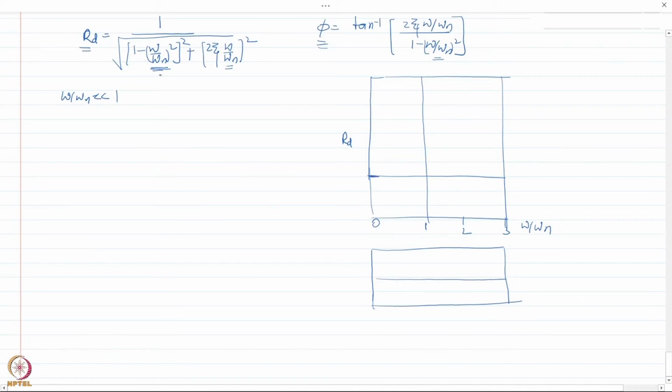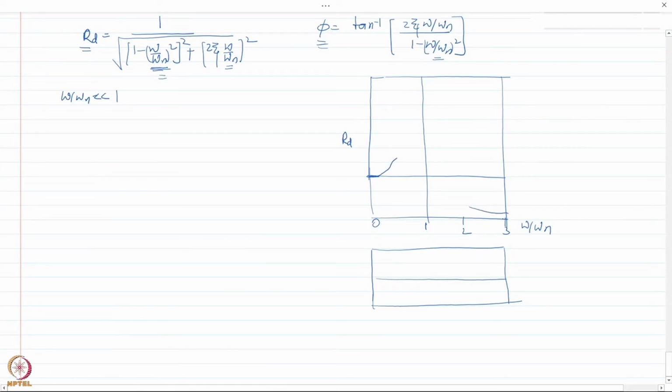You can see from this expression, if omega by omega n is equal to 0, then RD becomes 1. When omega by omega n becomes very large, my RD becomes 0. So it starts to increase somewhere here, and then for large values it will converge at some point here.